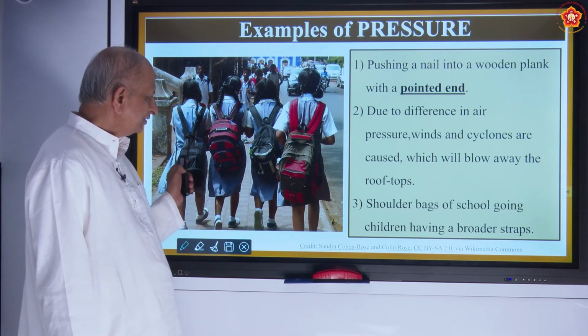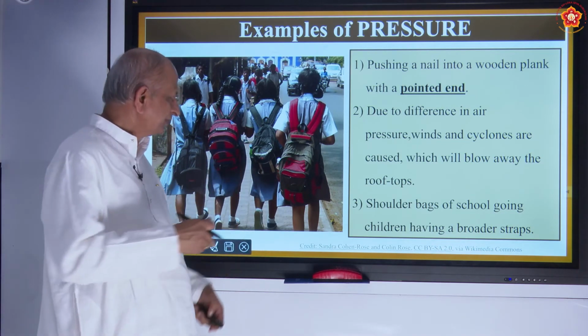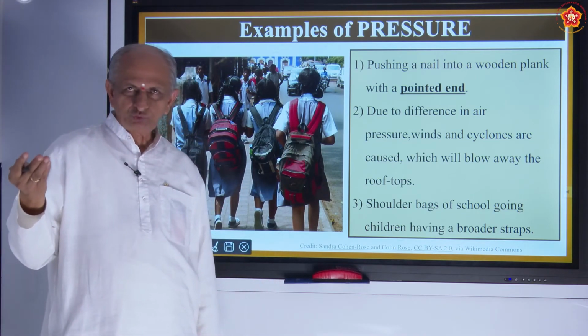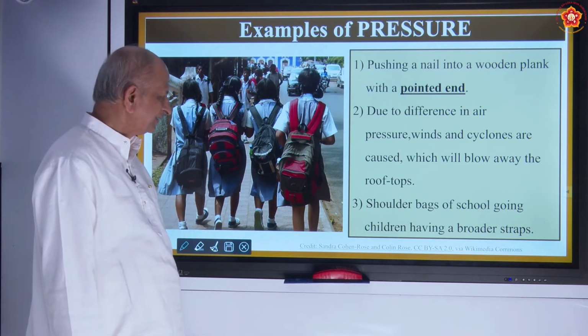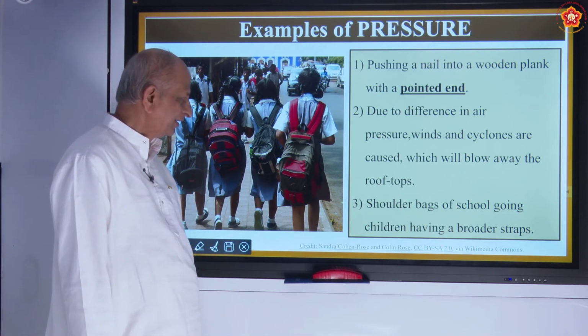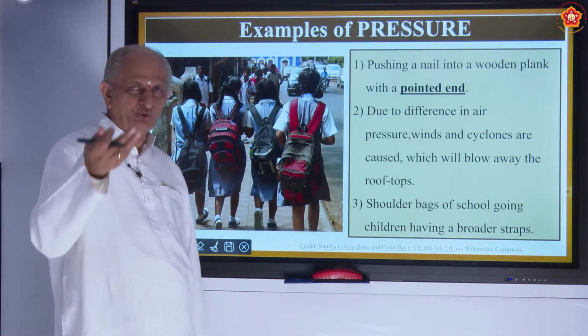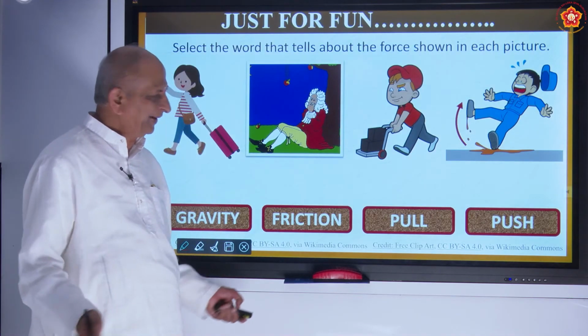So, to reduce the pressure on the shoulders, these straps are wider. Are you following? So, these are some of the interesting explanations or examples of pressure. Similarly, you can also think of so many examples. Is it not?